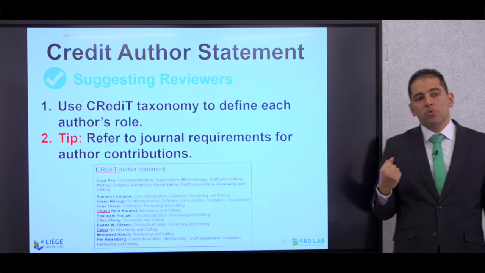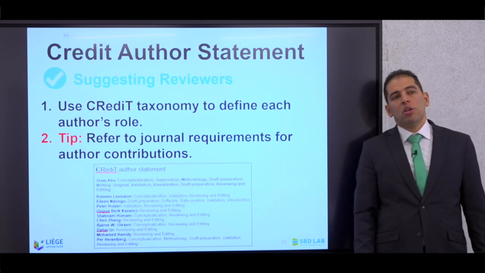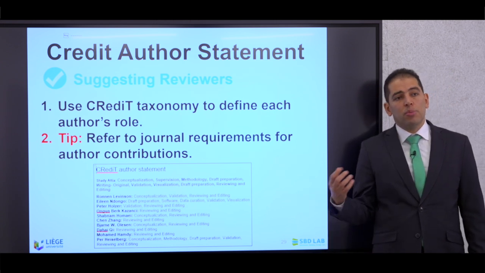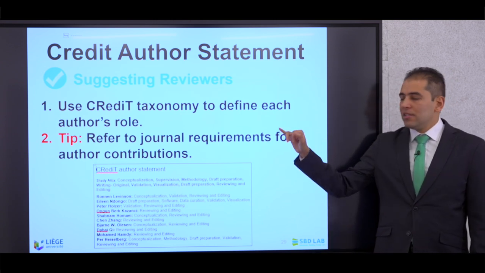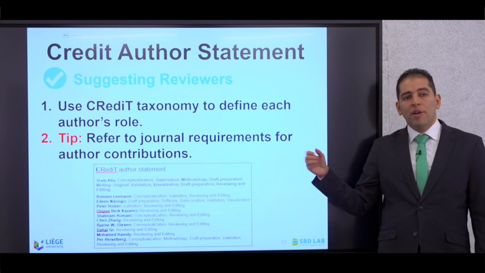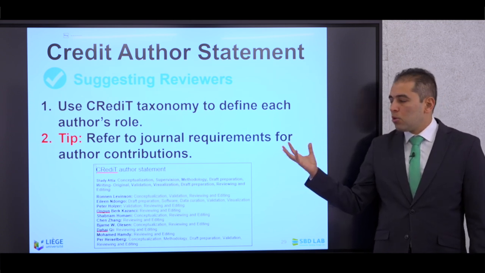Now let's move to a second important document, which is the credit author statement. The credit author statement is important, and here you need to have a credit taxonomy to define each author's role. You have to refer to the journal requirements for author contributions.